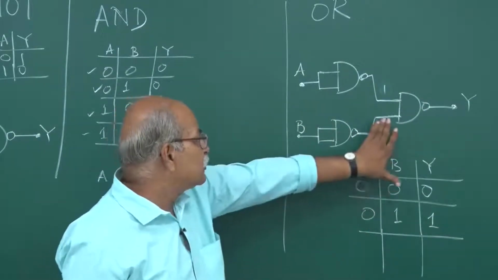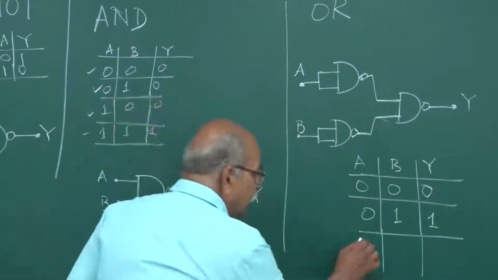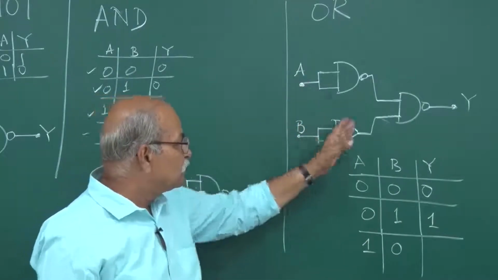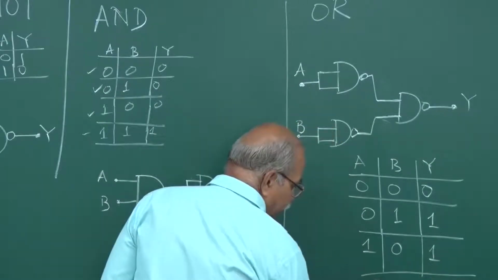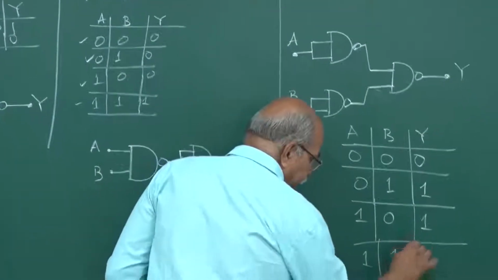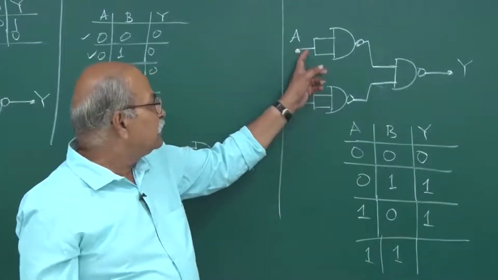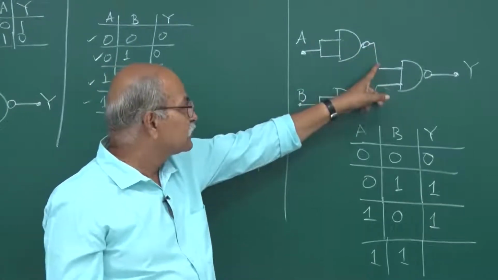Okay, and same story, if you give 1 here and 0 here, A becomes 1, B becomes 0, similarly this will be 1. And finally, if both are 1, then 1 here, 1 here, 1 here, 0 here, so this is 0.